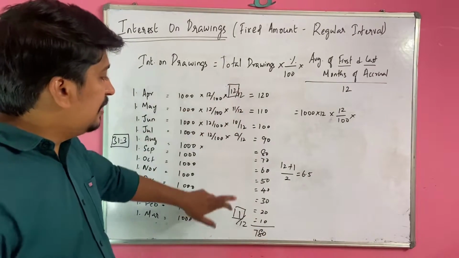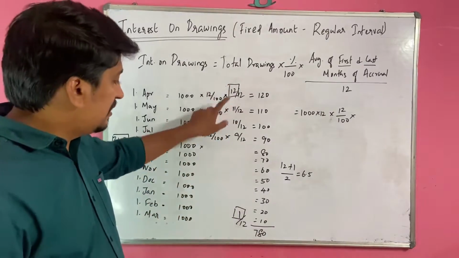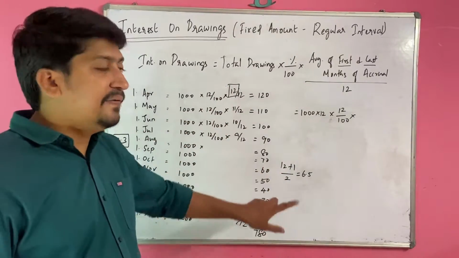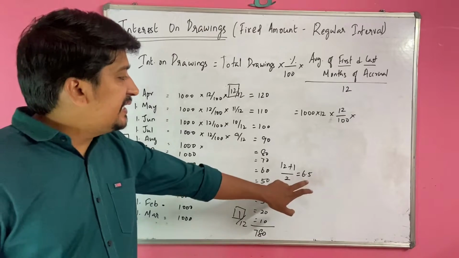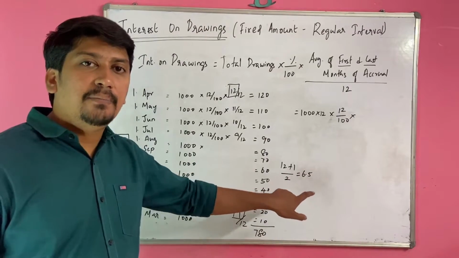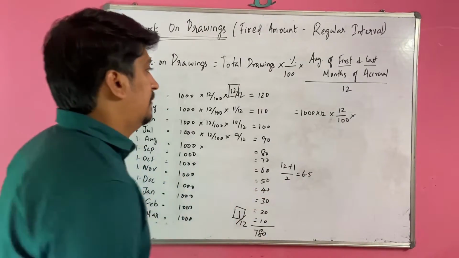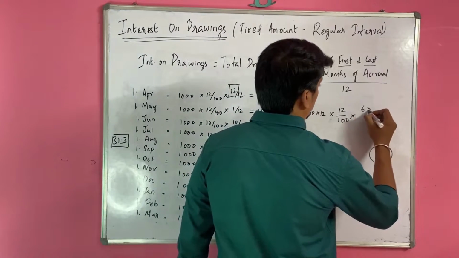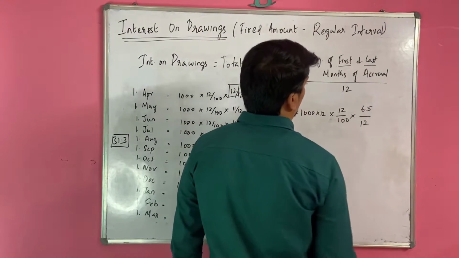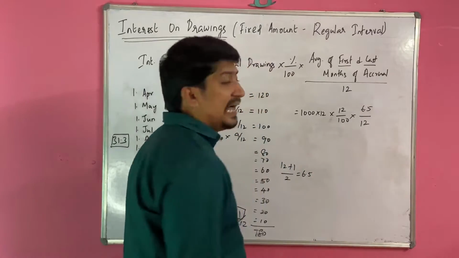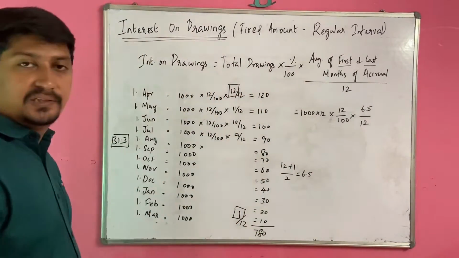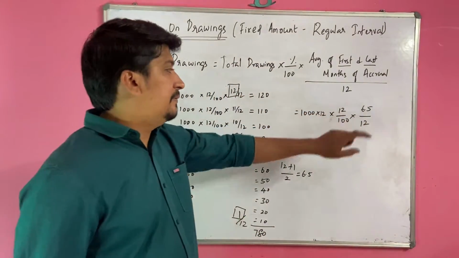Here we are calculating the average of only 2 values. Add the 2 months of accrual and divide by 2. So it says that on average, 6.5 months' interest he has to pay. So out of 12 months, 6.5 months is the average interest of all the drawings. So that is what this means.